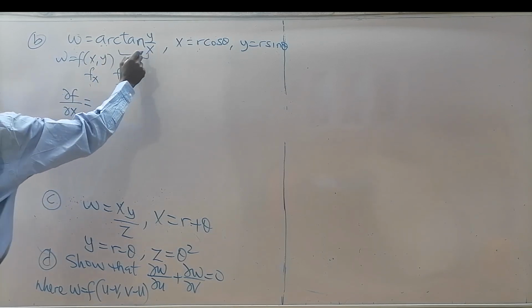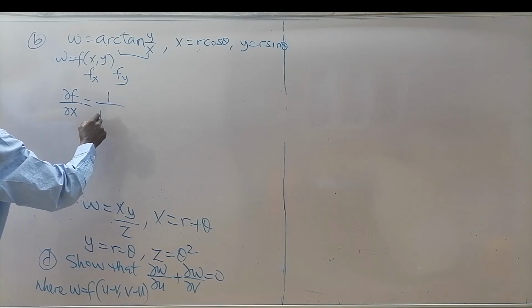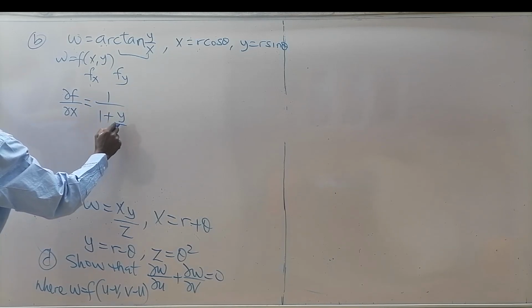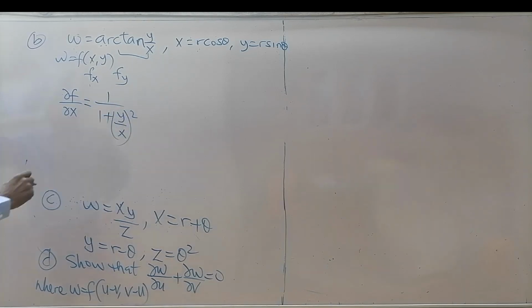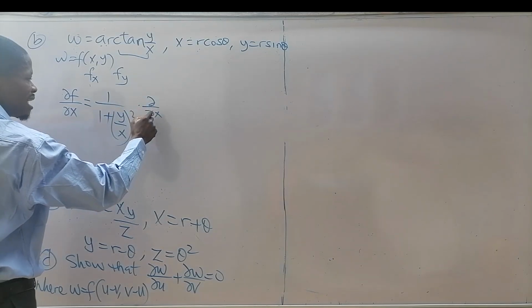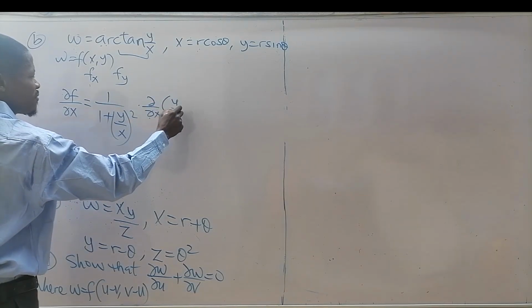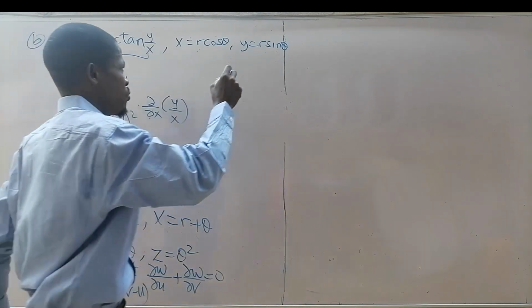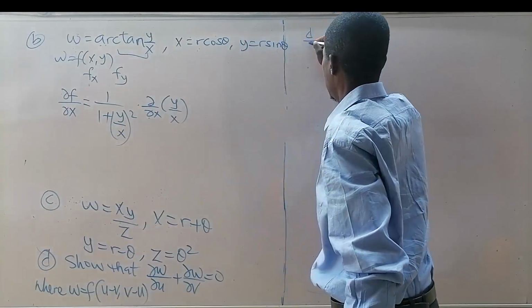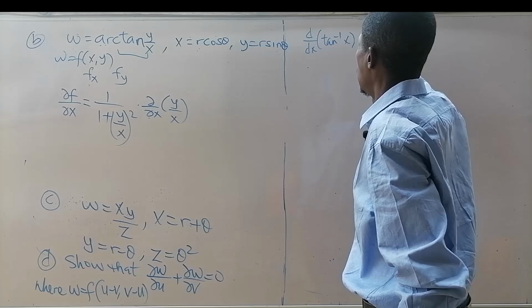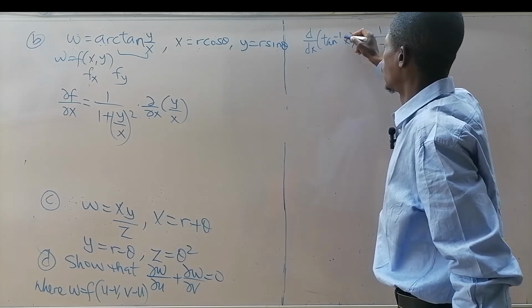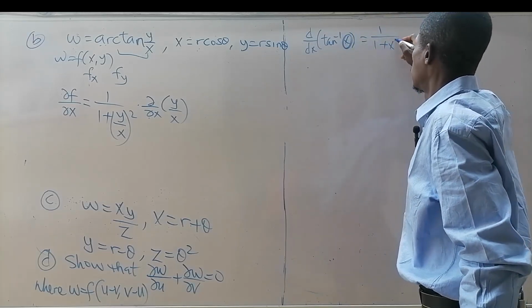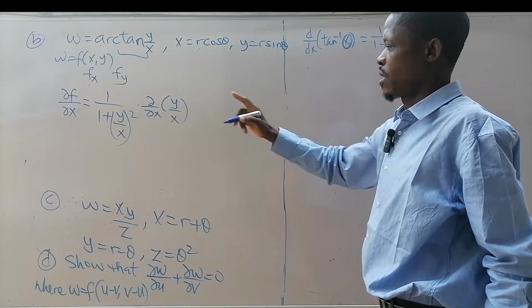If we differentiate this function, it's going to be 1 over 1 plus (y/x) squared, times ∂/∂x of the inner function. Don't forget, when you differentiate arctan, d/dx of arctan is 1 over 1 plus the square of the inner function, and that's what we have done there.